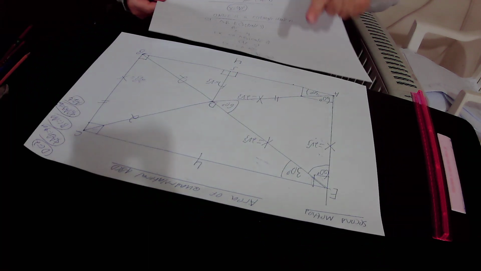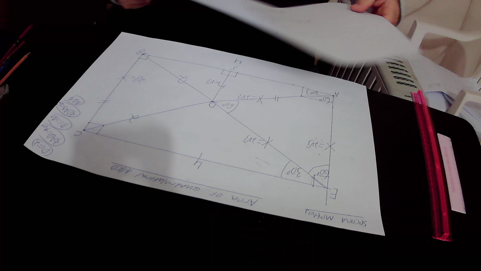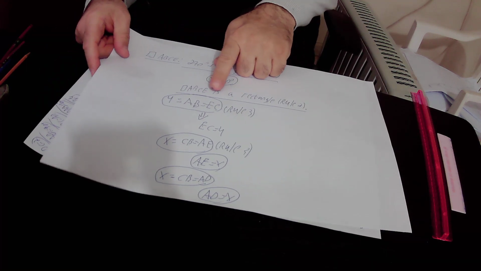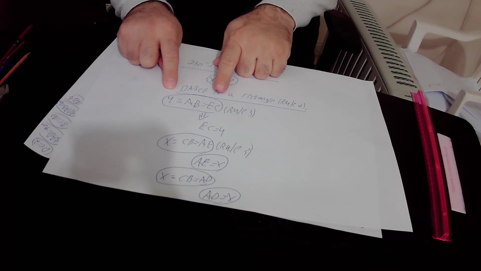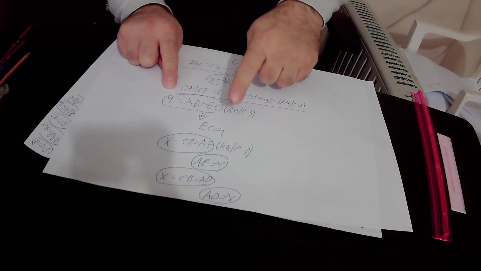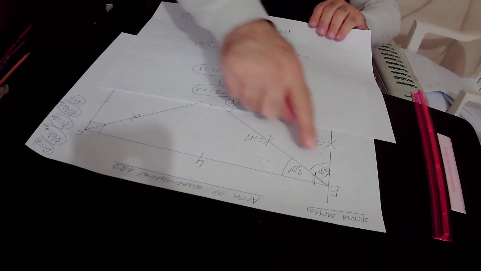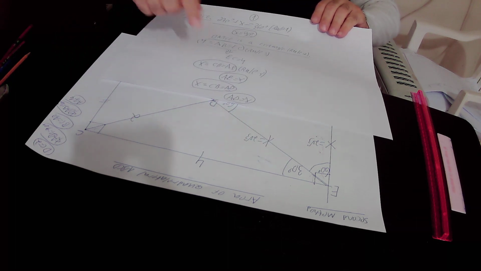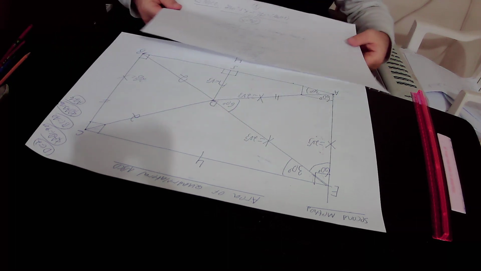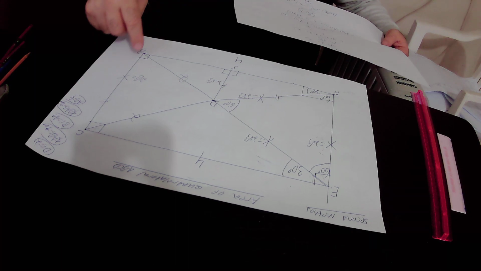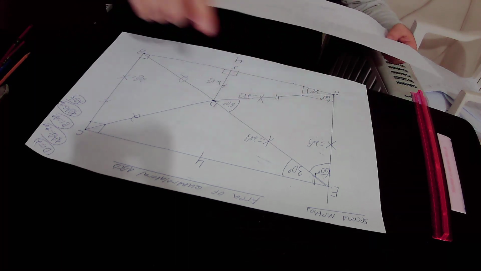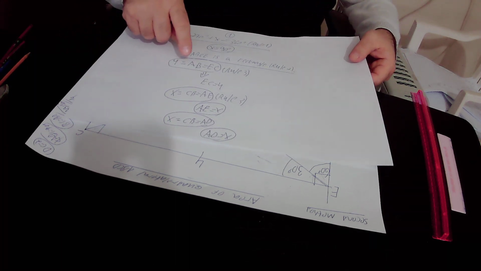But it is given in the question that AB equals 4 units. From this equation, we will derive that CE also equals 4 units. Likewise, according to rule number 3, CB equals AE.